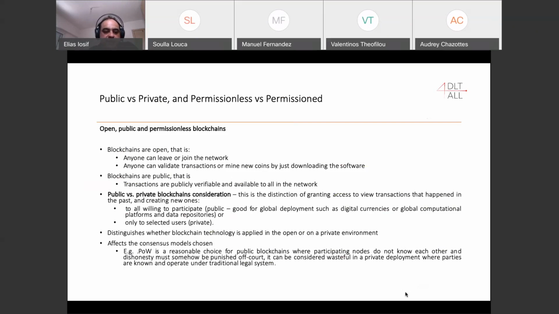Regarding the public dimension of blockchains, and this is a very important characteristic, transactions that are publicly verifiable and available to all in the network are feasible. This is the cornerstone of public blockchains, and it is what enables digital payments.